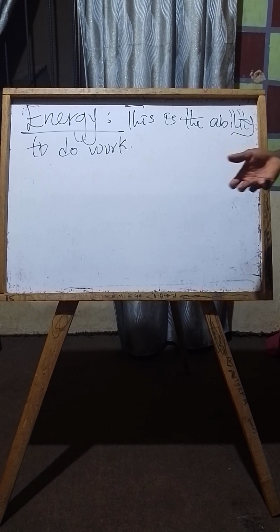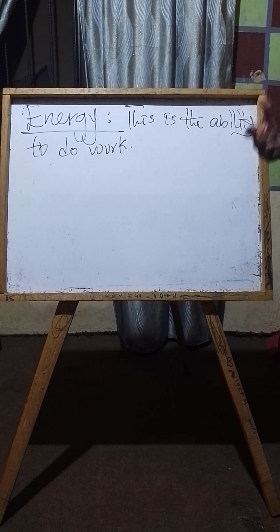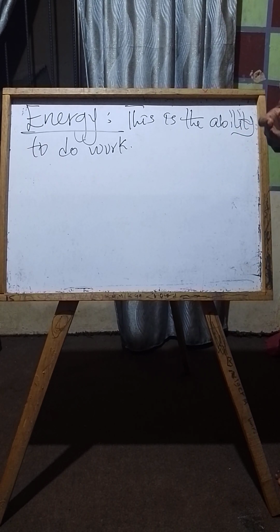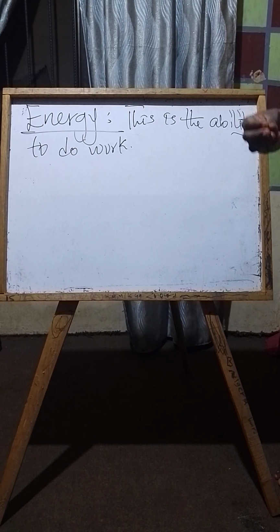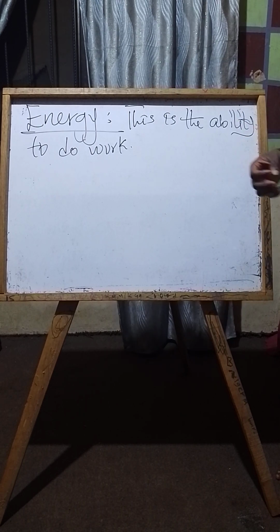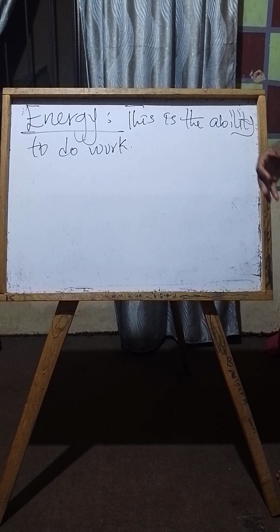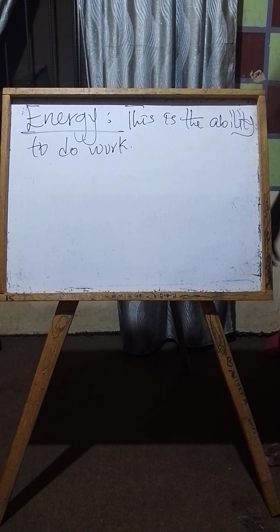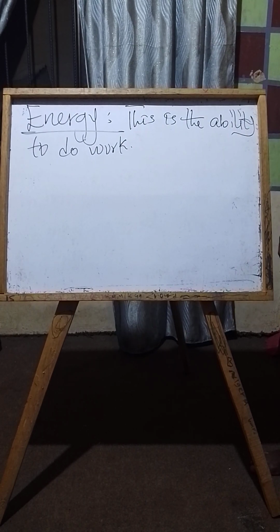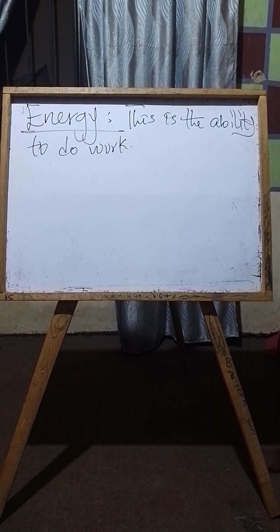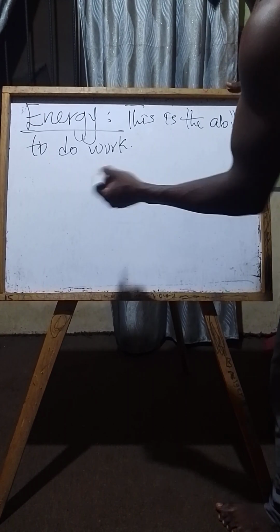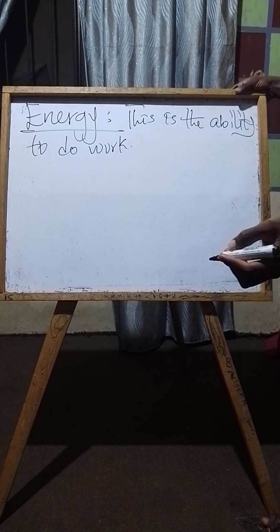That's what energy is. Everything that exists on planet Earth possesses a certain kind of energy. Everything. Even a wood that is just lying on the floor possesses a certain kind of energy, because it can be used to do work. Is that clear? Now, energy is also measured in joules.